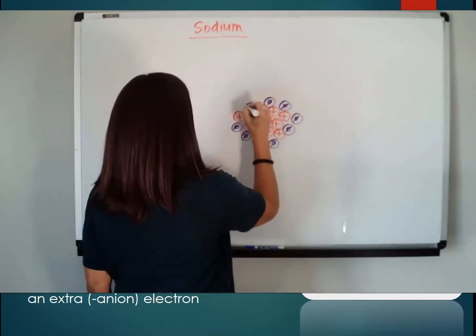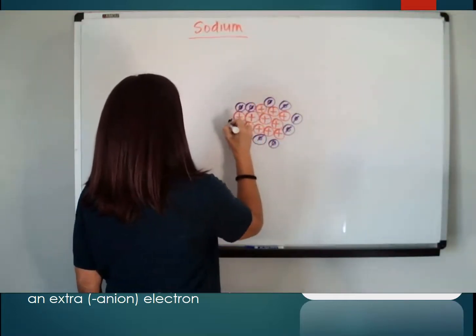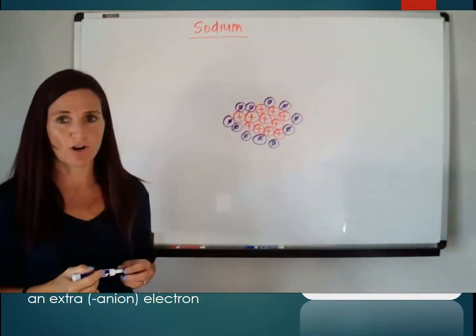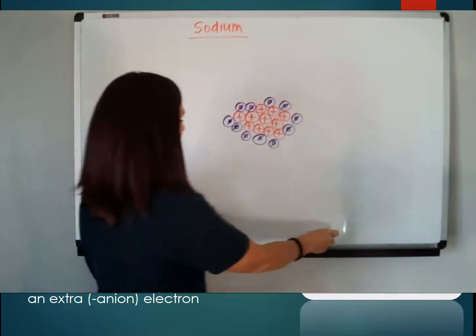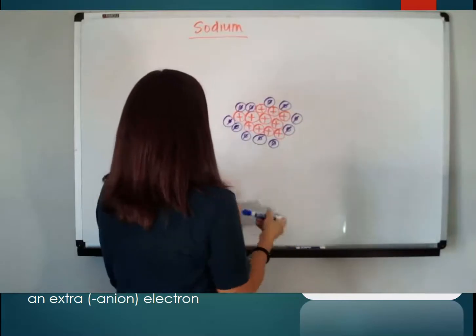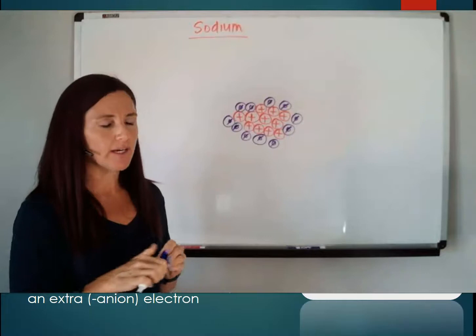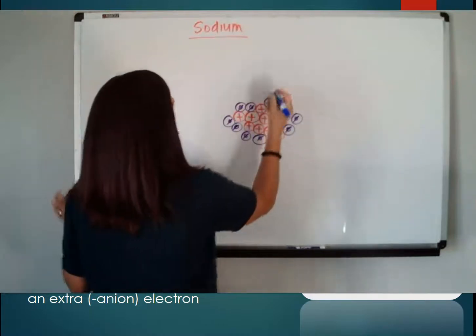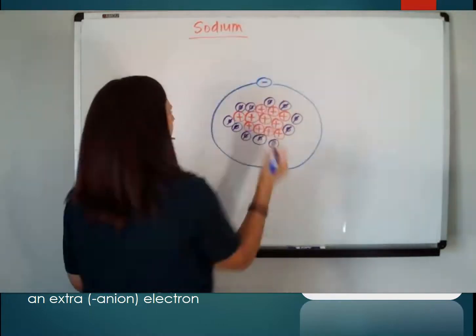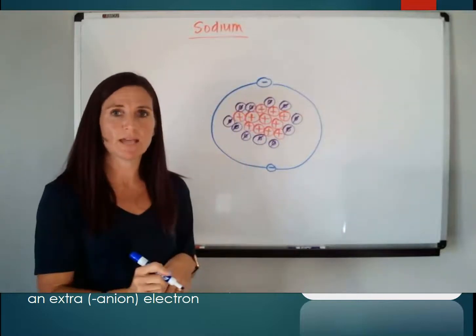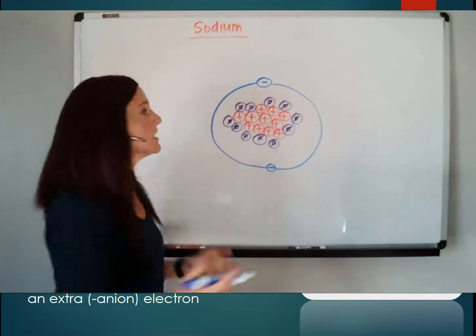8, 9, 10, 11 neutrons, and then we need to draw 11 electrons. So when we draw electrons, we start with our middle ring. The middle ring can always have 2. So our innermost ring has 2, and then every electron ring outside of that can have up to 8 before we move on.